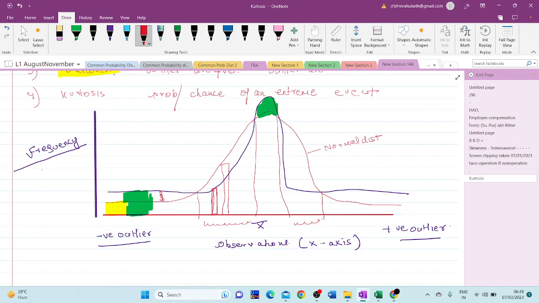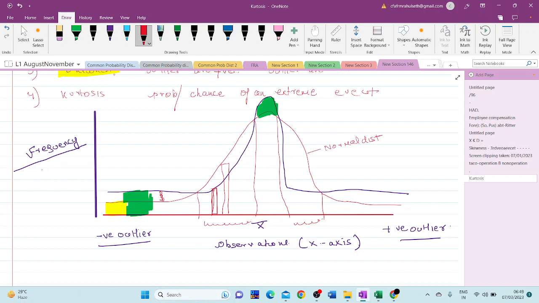So the thing is that in this fat tail distribution, the chances of extreme values occurring is more than normal because of the fatter tails. The probability, or the frequency, with which extreme values will occur is more than normal. Extreme values are outliers. The frequency with which observations will occur around the mean is also more than normal.